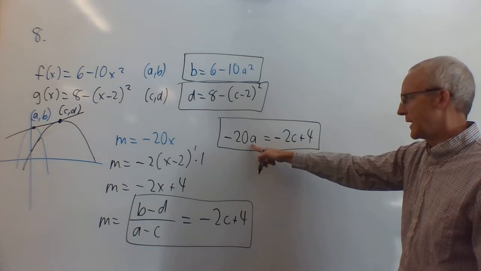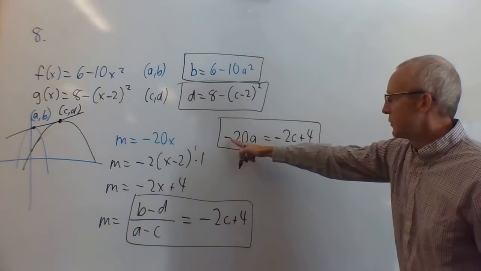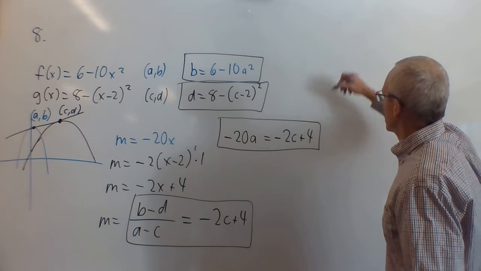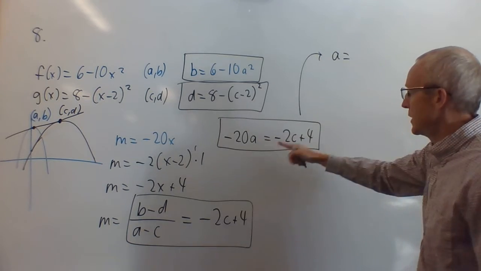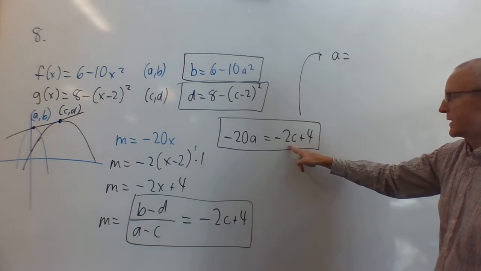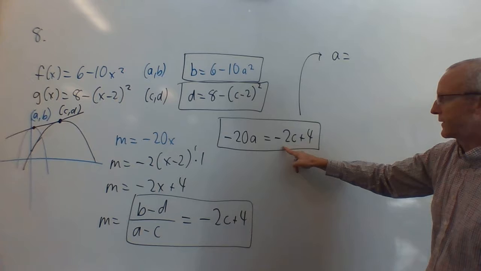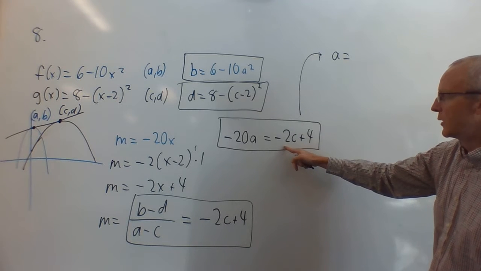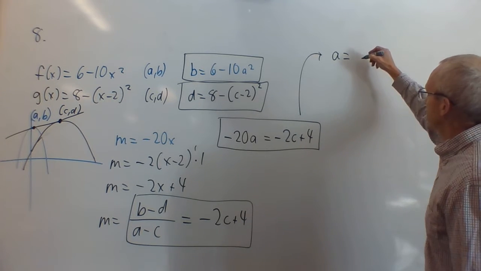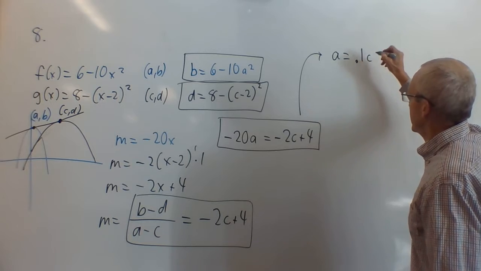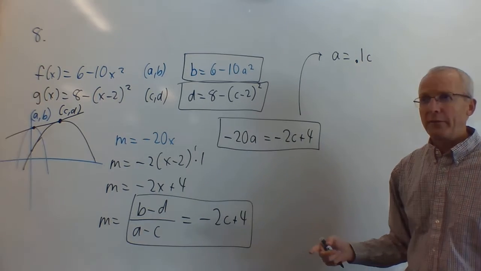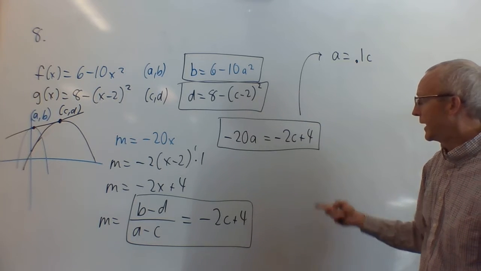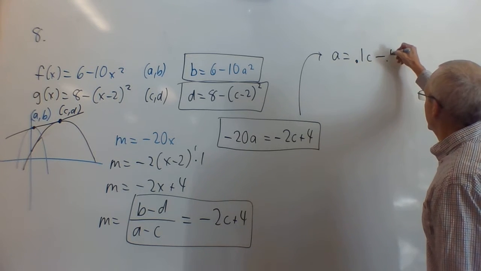This looked easy to me because the A was by itself. So we divide both sides by negative 20. So from this equation, A is equal to, divide this by negative 20, the negatives go away. It's negative 2 over negative 20, which is 1 over 10, which is 0.1. And I decimalized it, so that's 0.1c. 4 divided by negative 20 is 1/5, which is 0.4, and it's negative. So negative 0.4.